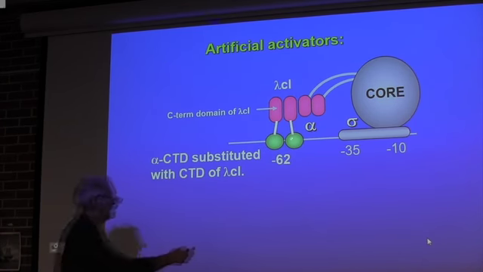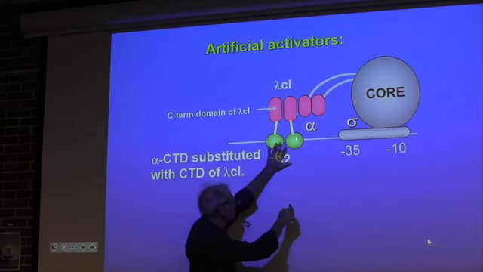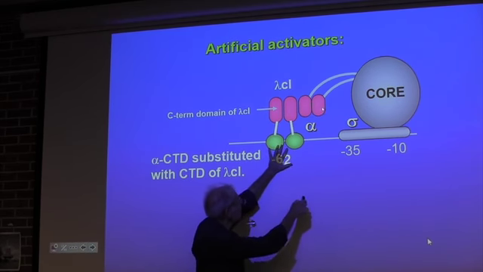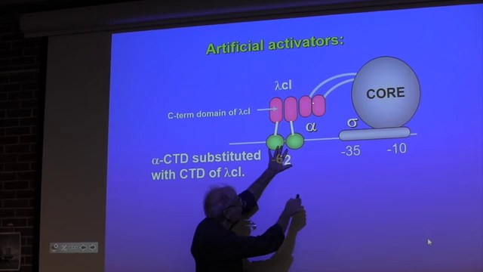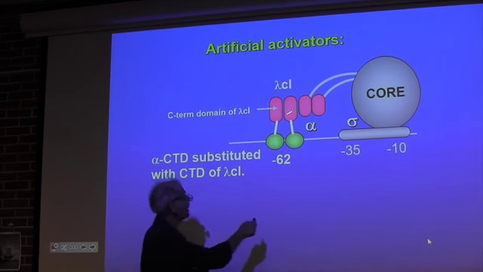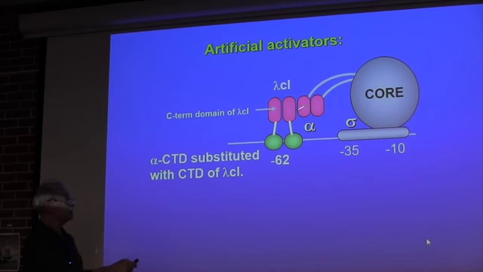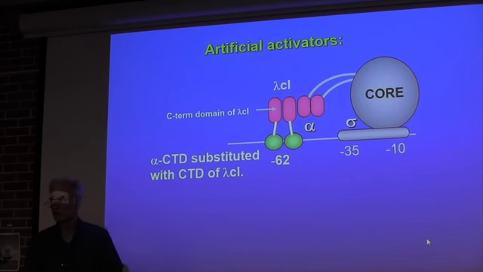So now, if you're binding lambda repressor where UP should be, there's a chance that the polymerase is going to get stuck because of its affinity for the dimerization domain, and that should activate transcription.